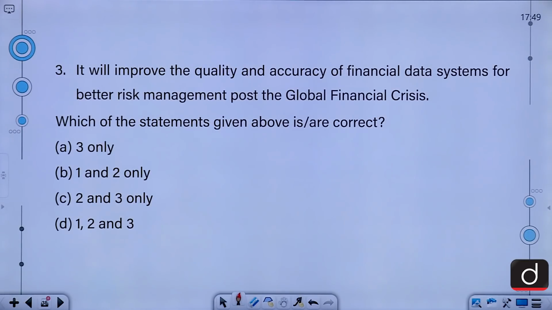It will improve the quality and accuracy of financial data systems for better risk management post the global financial crisis. Which of the statements given above is or are correct? A. 3 only, B. 1 and 2 only, C. 2 and 3 only, D. 1, 2 and 3.